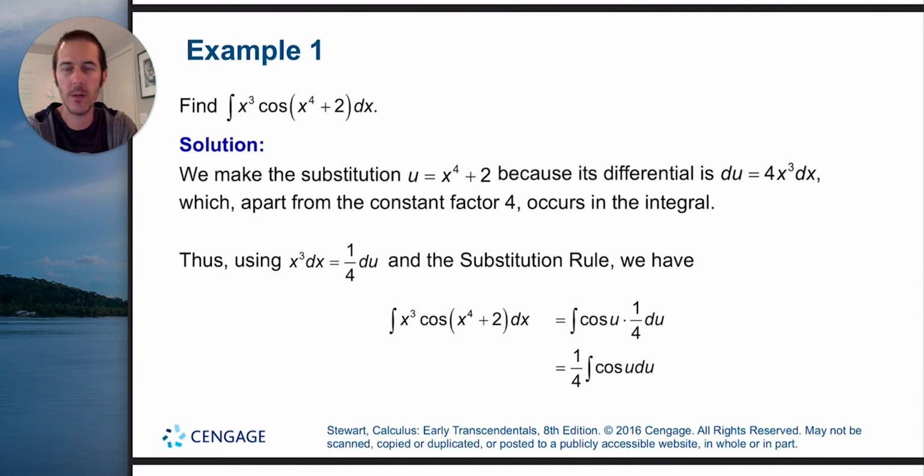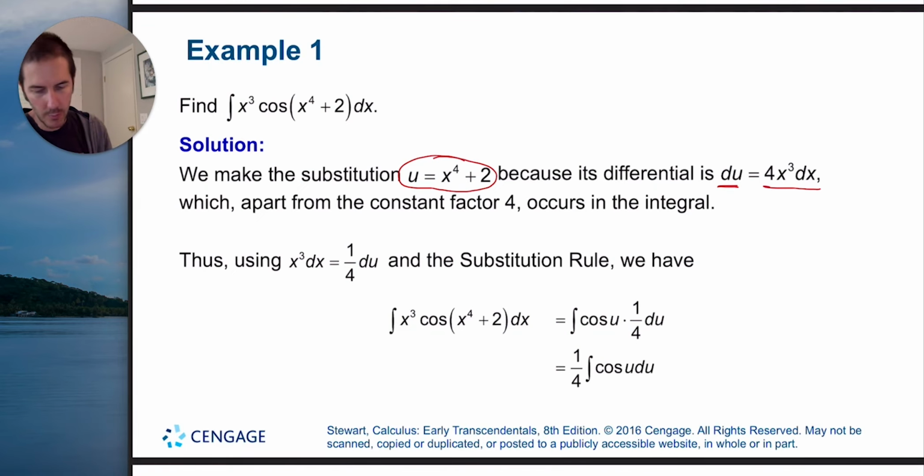The original question is the integral of x to the third cosine of x to the 4 plus 2. If we let u equal the inside function, x to the 4 plus 2, we will notice that its derivative, du, is equal to 4x to the third dx.